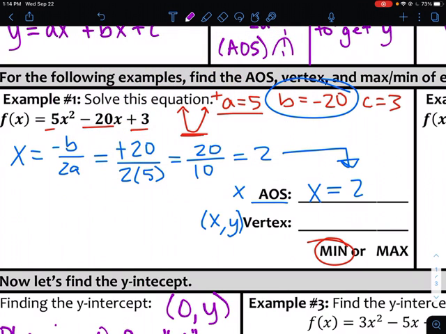So then when I want to find y, I'm just going to take that x and plug it back into our equation. So here we have x's here and here. So we'll find y by doing 5 times x squared minus 20x plus 20, but now we know that our x is 2, so I plug that into both.